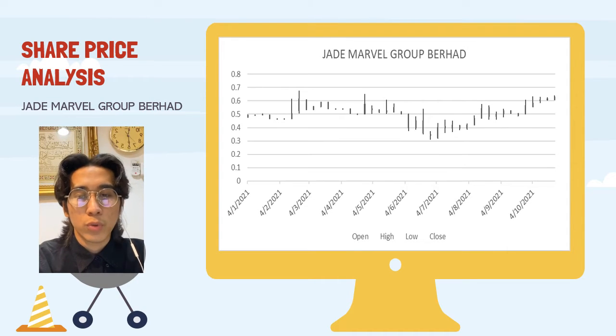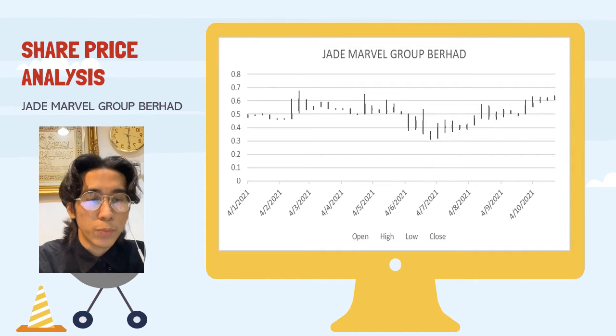Now, we move to the share price analysis for Jade Marvel Group Berhad. The graph above shows the open high low close graph for Jade Marvel Group Berhad over a 10-month period, starting January until October 2021. It can be seen that in early January the graph line was flat until the end of the month.